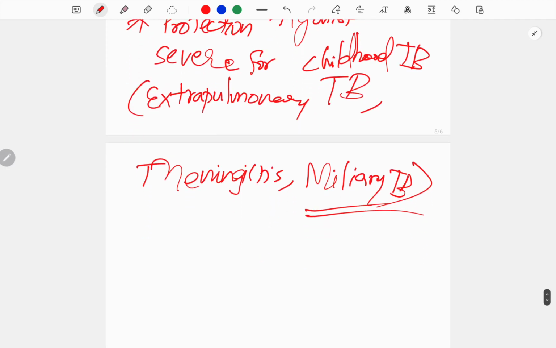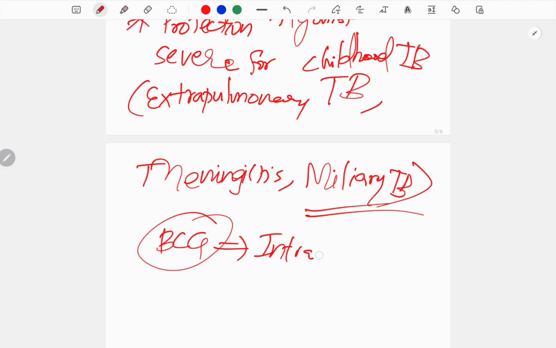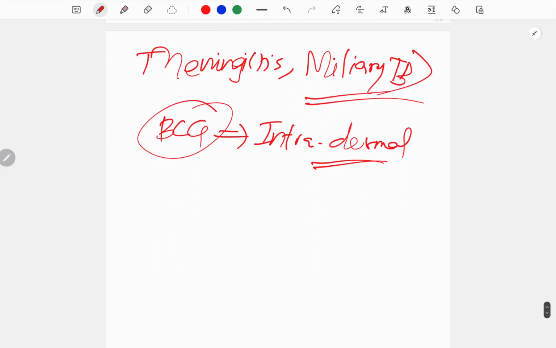So if this BCG is injected by intradermal route, right? So it should heal. So what is the sequence of healing?